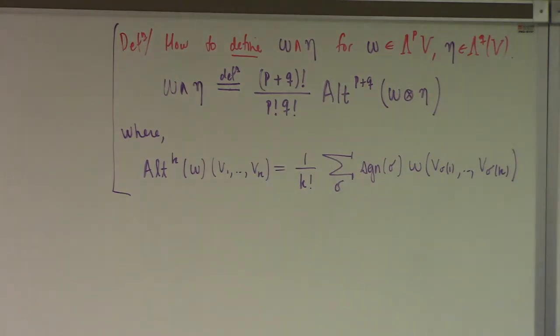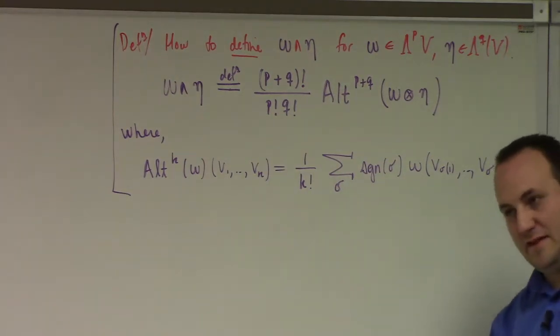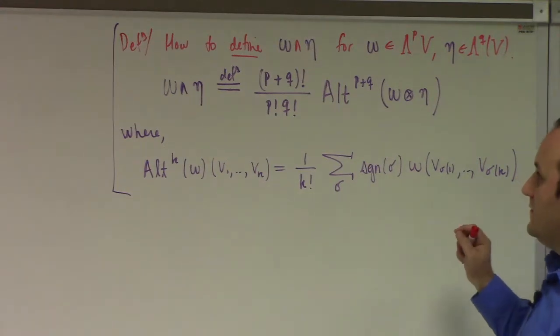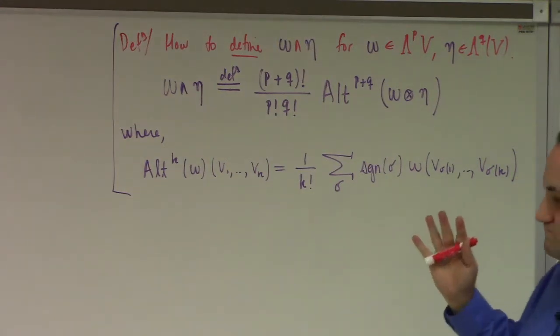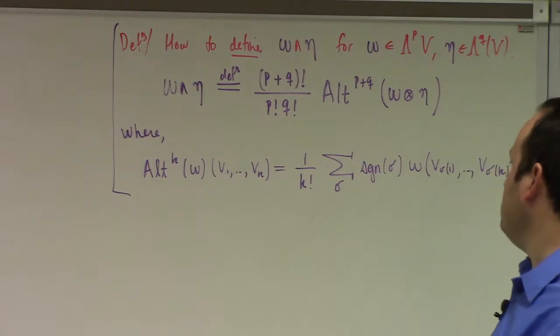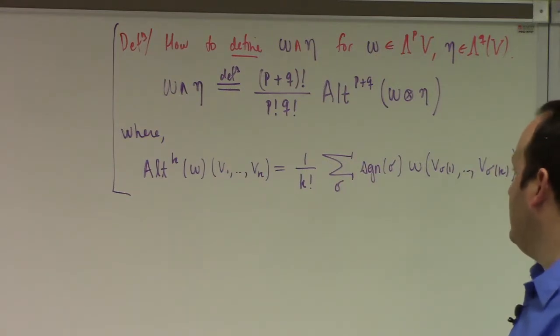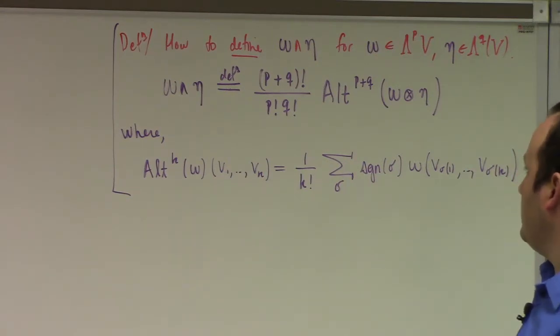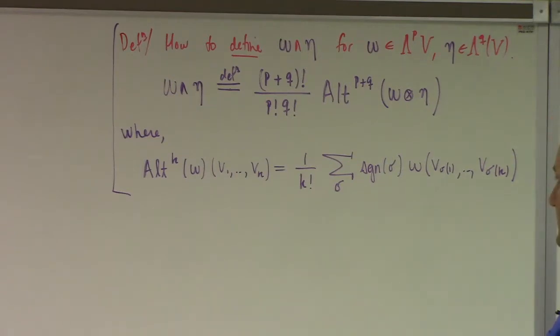Now, what I want to do is try to flesh out this definition for, let's say, a 2 form and a 1 form.